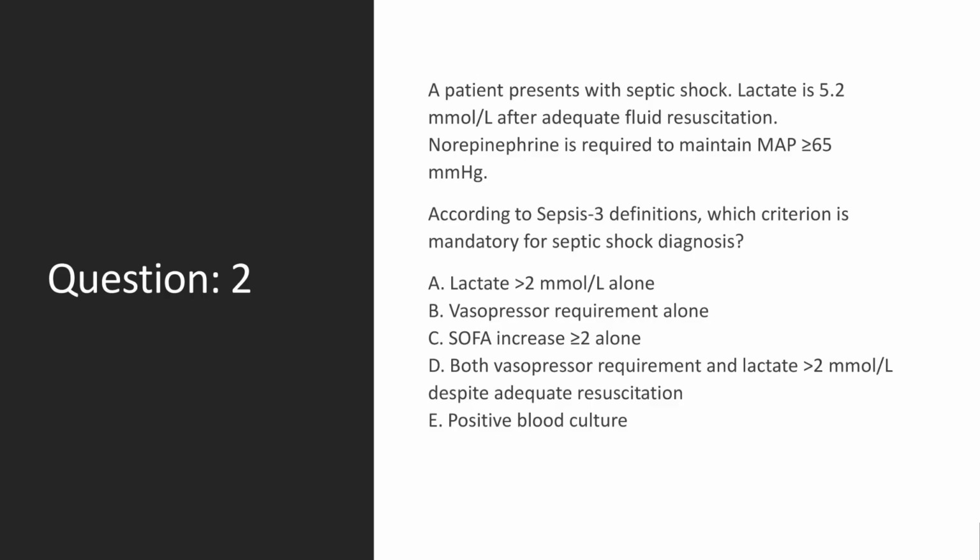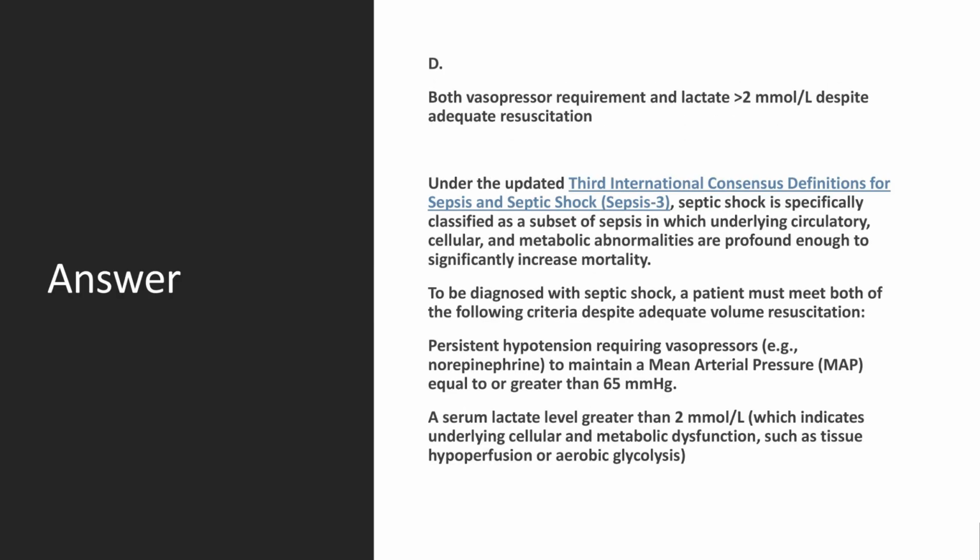E. Positive blood culture. Correct answer is D, both vasopressor requirement and lactate greater than 2 millimole per liter despite adequate resuscitation. Explanation. Under the updated Third International Consensus definitions for sepsis and septic shock, Sepsis-3, septic shock is specifically classified as a subset of sepsis in which underlying circulatory, cellular, and metabolic abnormalities are profound enough to significantly increase mortality.